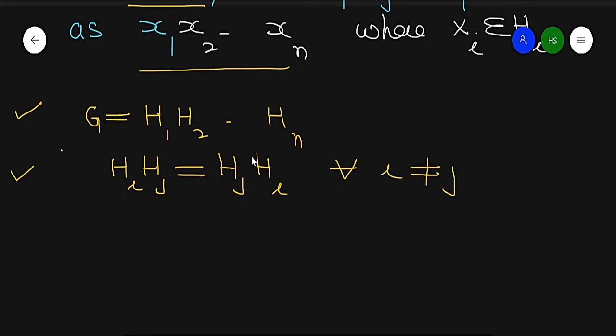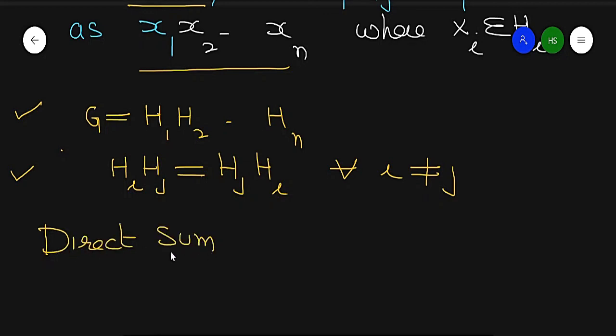So this is called a property of internal direct product. If the binary composition is addition, in that case it is called a direct sum. Here it is product.